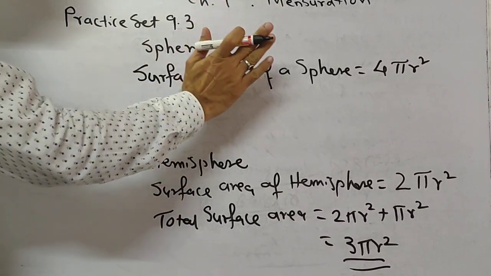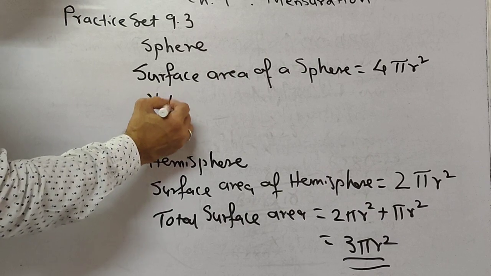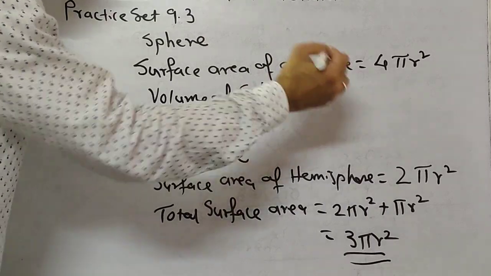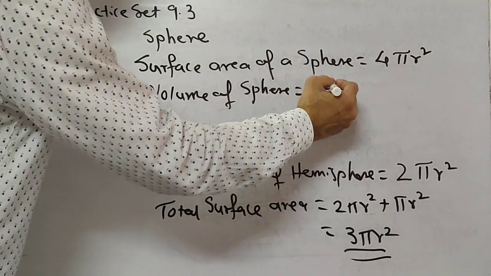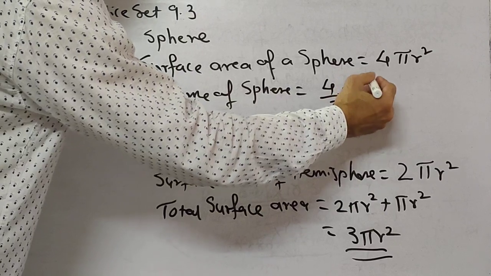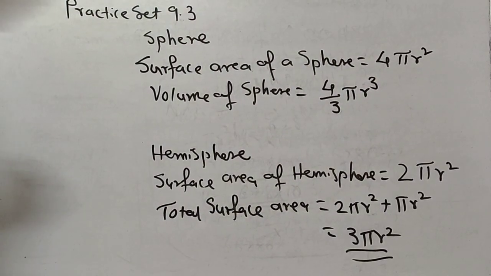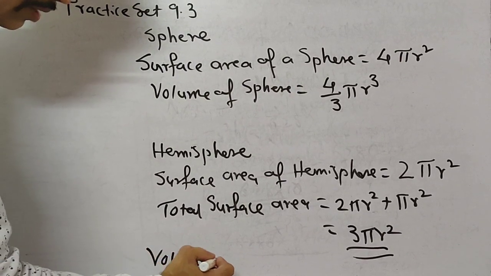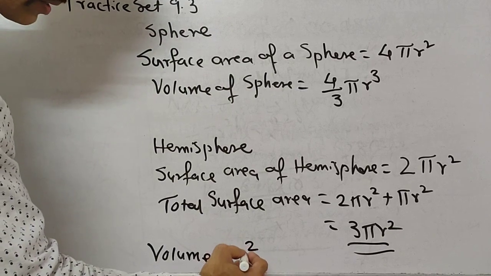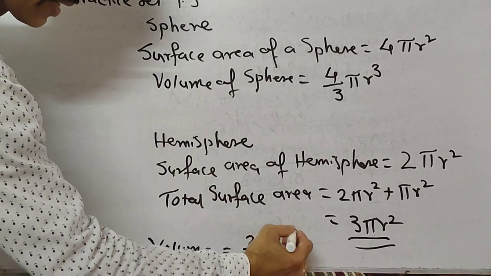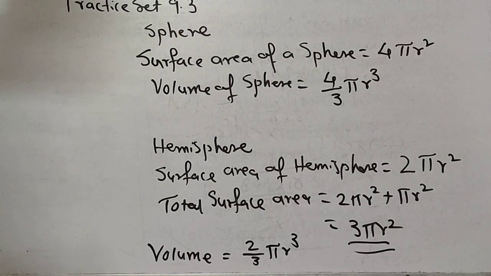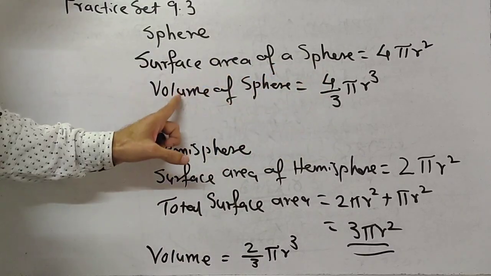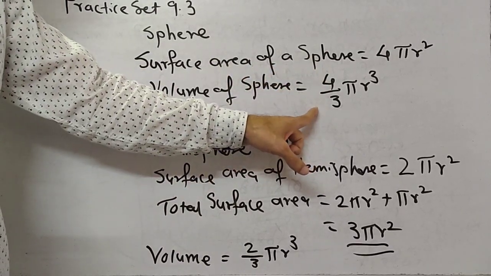So for a sphere, there is no curved surface and no total surface. Only surface area is 4 pi r square, and volume of sphere is 4 upon 3 pi r cube.